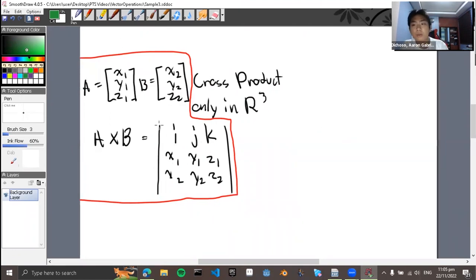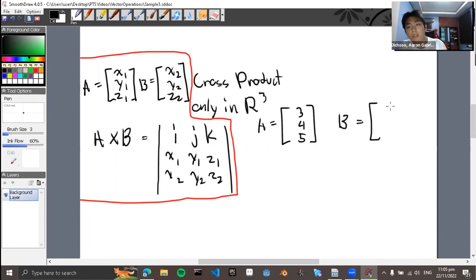And yung easiest way to compute it for me would be to do the determinants. Okay? Let's try it out. Let's say we have A = 3, 4, 5. And for B, you would have 10, -1, 6. That's easy.